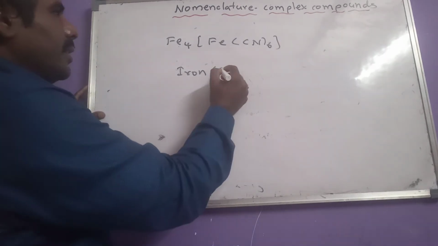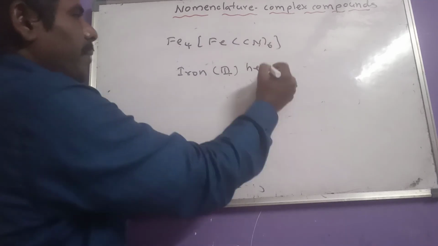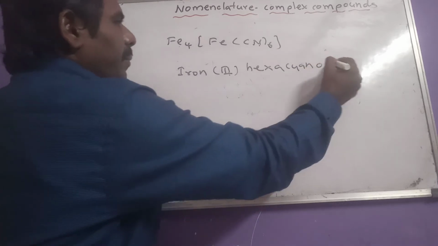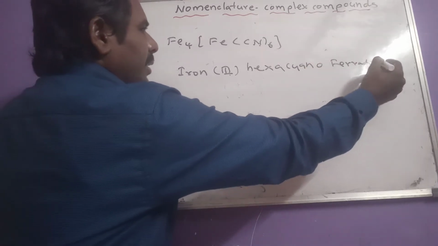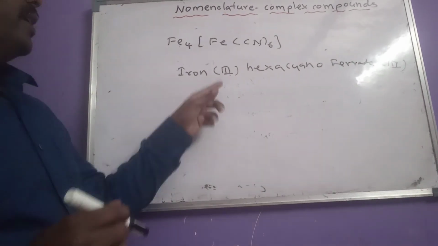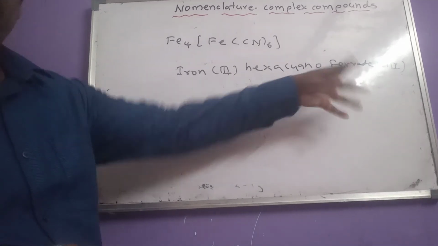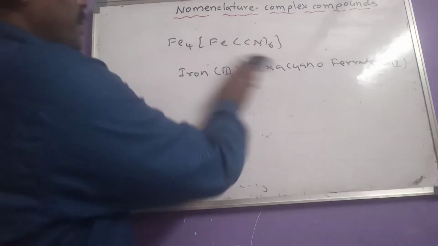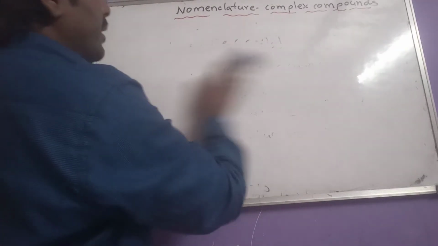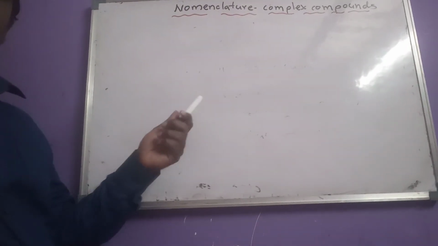Let us consider that oxidation number 3, iron(III). Now this part we pronounce as hexacyano, which can be called ferrate, with oxidation number 3. So this name is iron(III) hexacyanoferrate(III). So like that, sometimes the same element is present as a counter ion and also as the central metal ion.